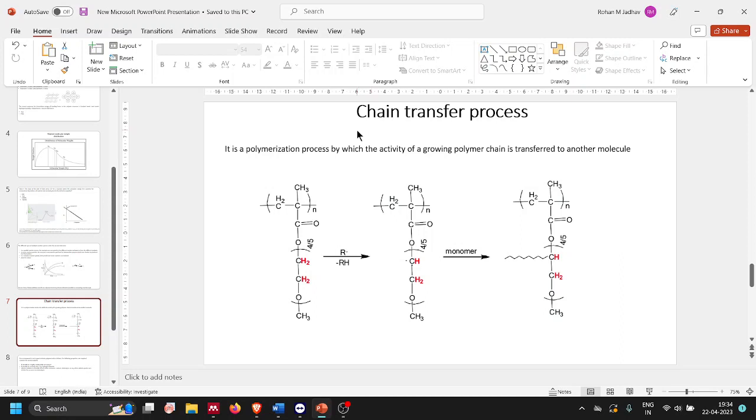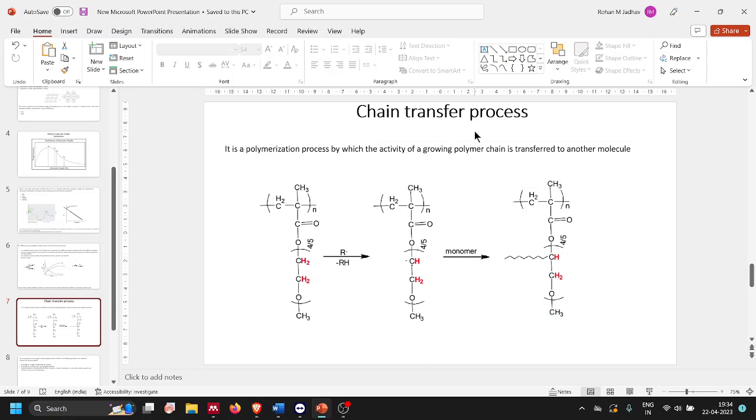Chain transfer can occur by itself because of formation of some unwanted byproduct, or can be introduced deliberately into a polymerization reaction by addition of chain transfer agents.